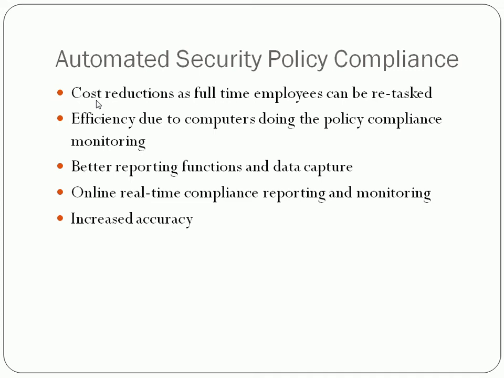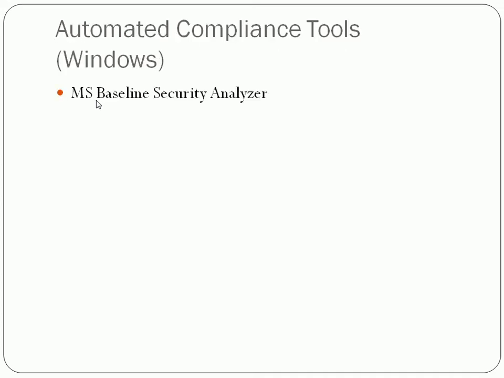So what are some tools that we can use to do that? In the Windows world, we've got a few. There's the Microsoft Baseline Security Analyzer. This is a free tool that you can download from Microsoft. You can install it on any Microsoft system, and it will scan systems for security vulnerabilities. It downloads basically a config file that describes all of the vulnerabilities that it should scan for, all the recent release patches that it can check for.